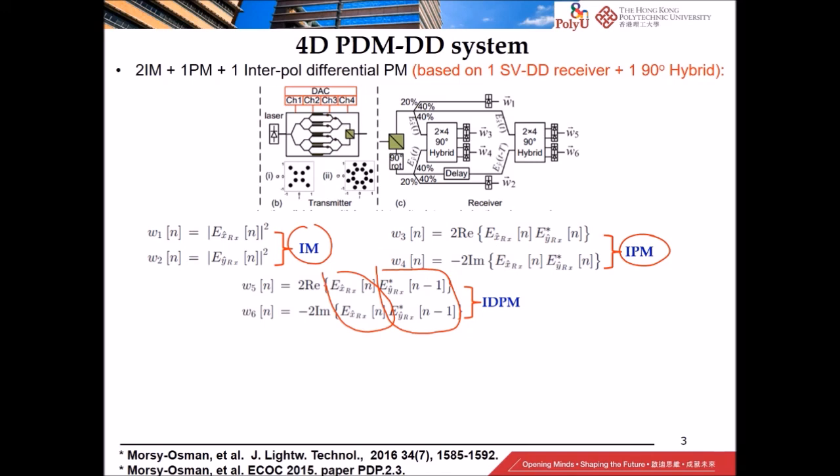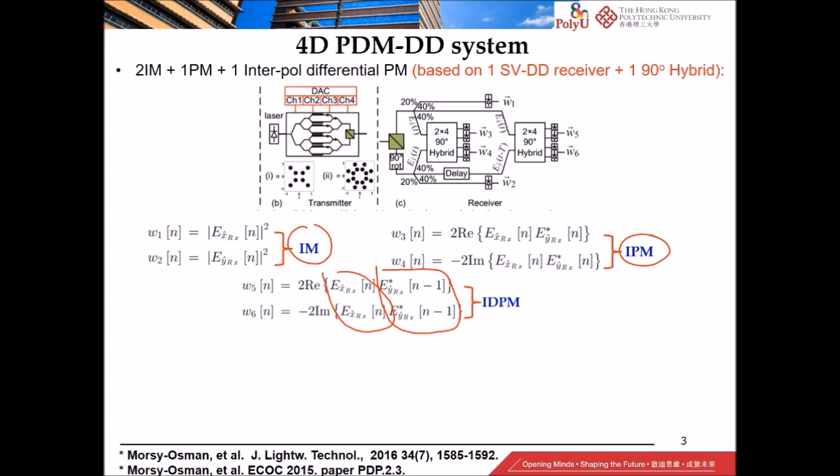You can think of this as the following. Essentially, we actually have 2 independent signals in 2 independent polarizations. Each of them has a DPSK signal, and then you also know the phase difference between the polarizations.